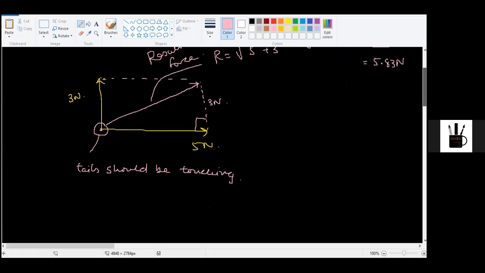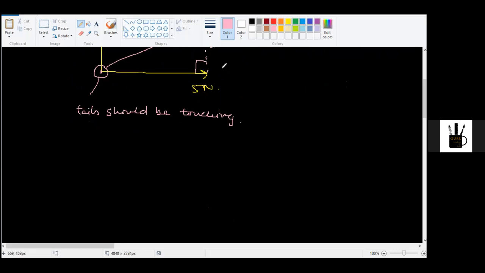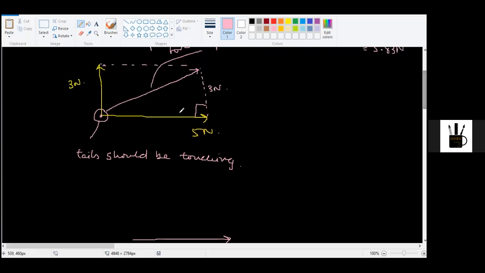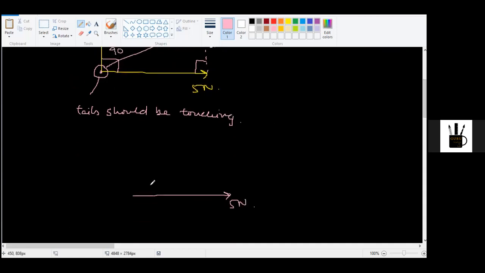But what if I had the forces acting at an angle? This is 5 Newton. Here the angle between them was 90 degrees. Now I'm going to say that 3 Newton is acting at a certain angle. Then also, very interestingly, I can use the same method. Construct a parallelogram, and this is your leading diagonal.